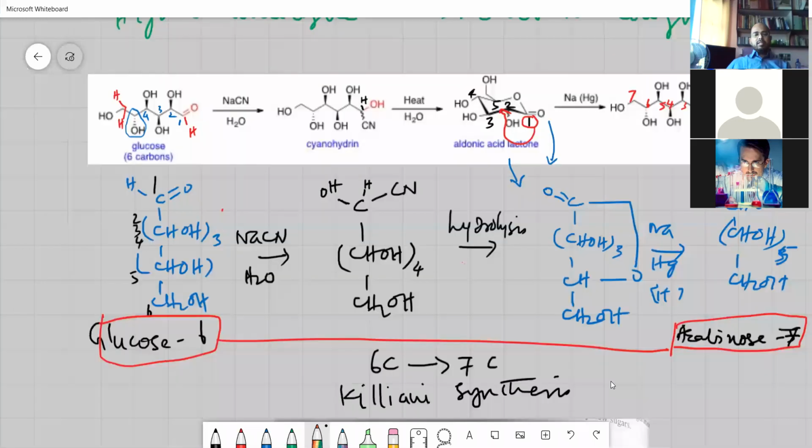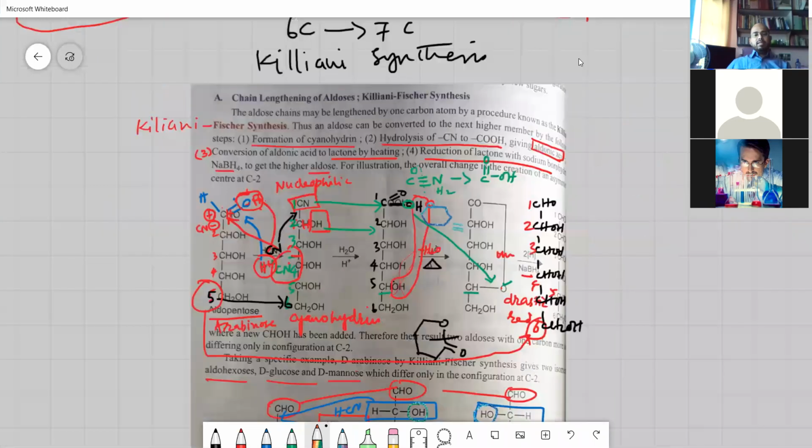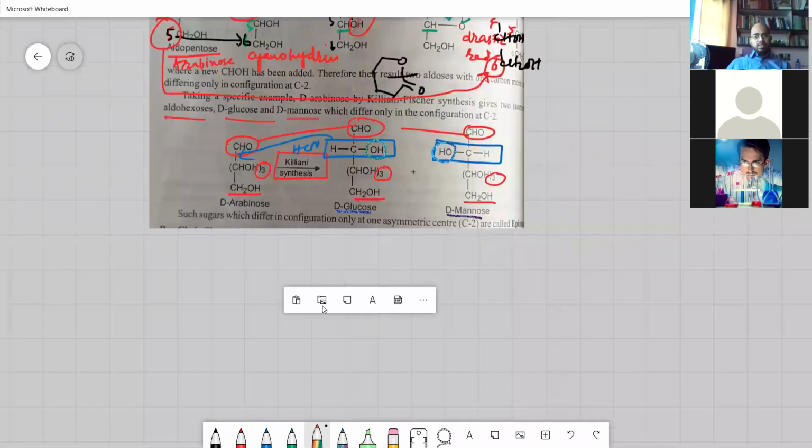Chain shortening process also, I'll take up one clip from the book. Just show you how chain shortening is there. Just a minute. Chain shortening.